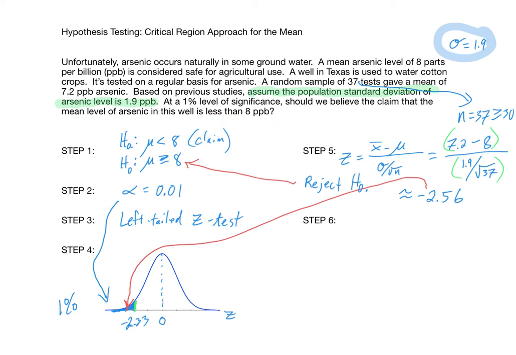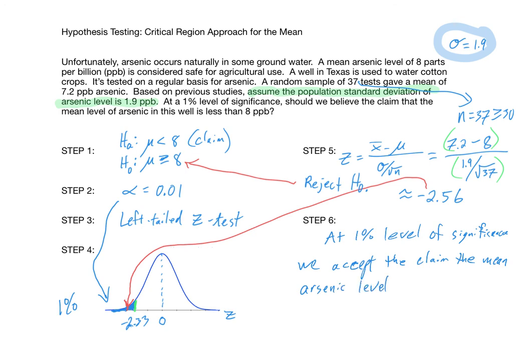So don't forget, you want to write the level of significance in here. At 1% level of significance, we accept the claim that the mean arsenic level is less than 8 parts per billion.